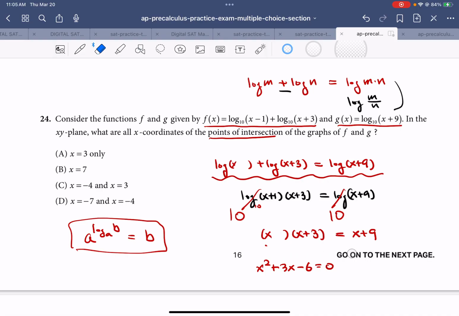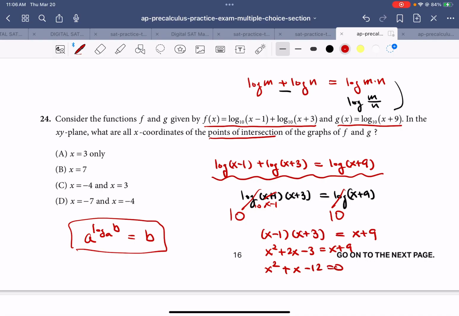Oops, x minus 1. Sorry about that. So when you multiply it out, x squared plus 2x minus 3 equals x plus 9. When you combine like terms, x squared plus x minus 12 equals 0.